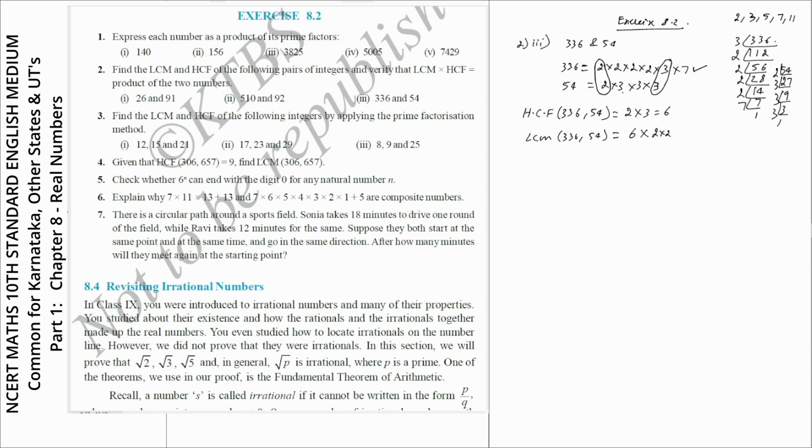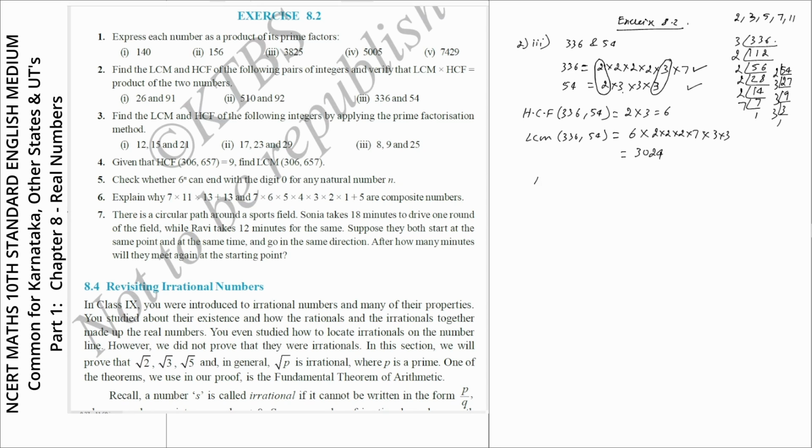So 2 into 2 into 2 into 7, into, now in the second row which is the common factor that is remaining? 3 into 3. So if you multiply all this, how much will you get? You will get 3024. You can please check it out.